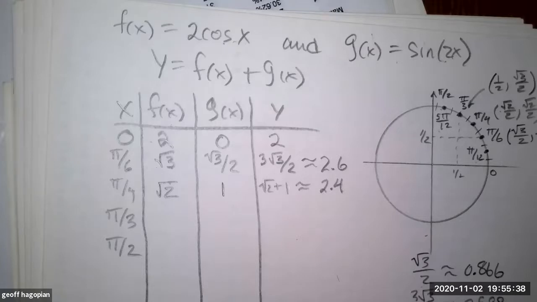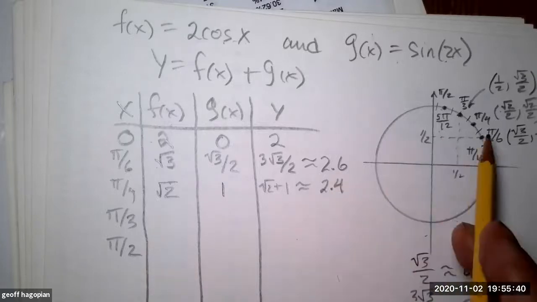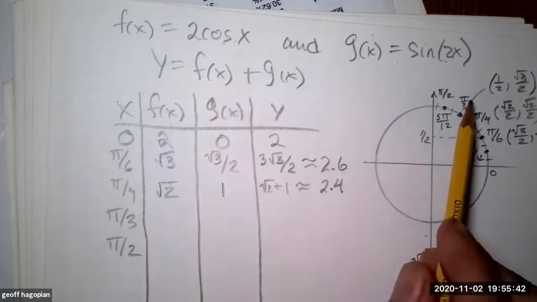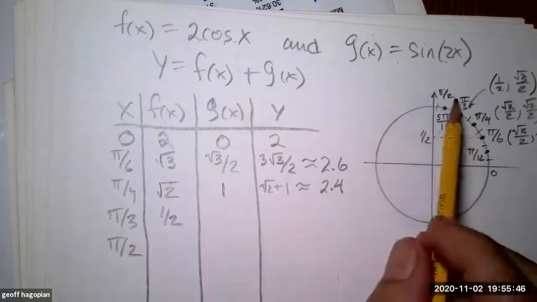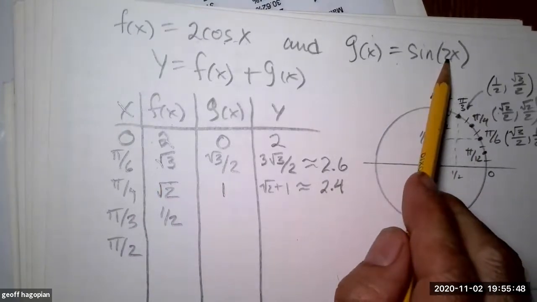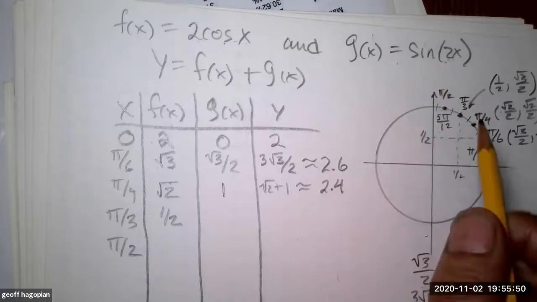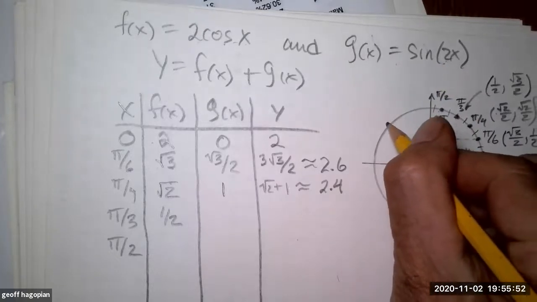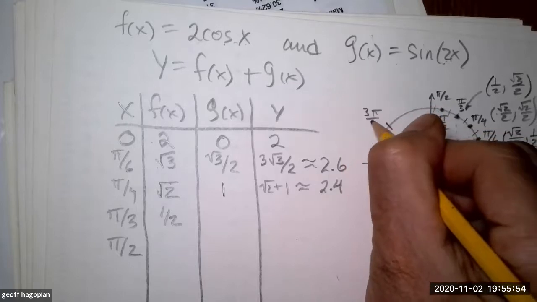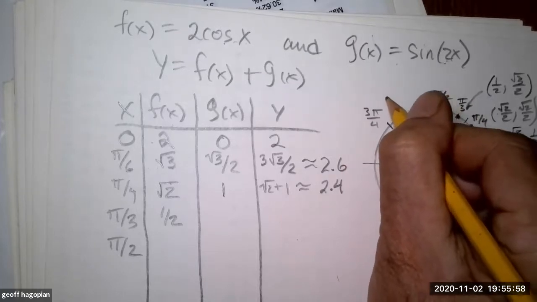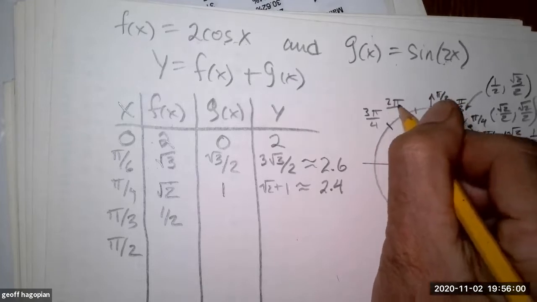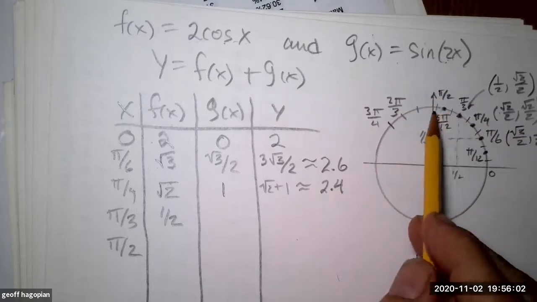Okay. Pi over 3. Well, cosine of pi over 3, we're here, that's 1/2, right? Twice pi over 3 is 2 pi over 3, which is over here, right? If I break this into 3 equal pieces, then the second one is this 2 pi over 3. Again, counting by pi over 12.